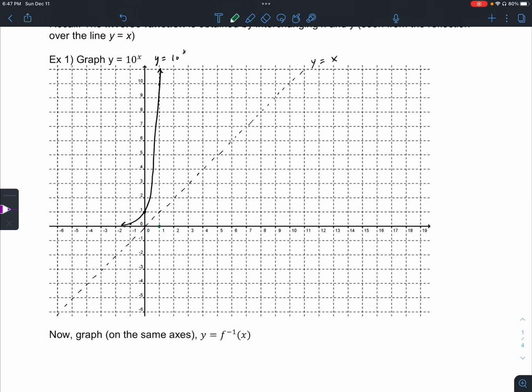Now we're going to have a point at 1 and 0, and we're also going to have a point at 10 and 1. And then another point here at about 1 over 10 and negative 1. If we graph this, we're going to have a function that looks something like this.